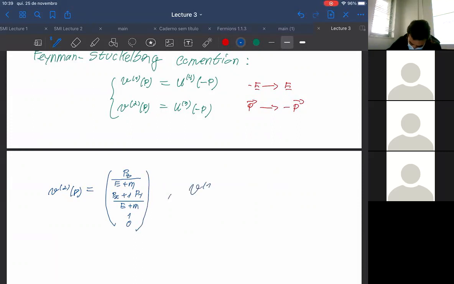And v1(p) is going to be, and I'm forgetting the n's again, px minus i py over E plus m. You see, Oswald, now it's already E plus m here. It's positive energy, and you recover the plus sign. Pz, so minus pz, in fact, over E plus m, and 0, 1.